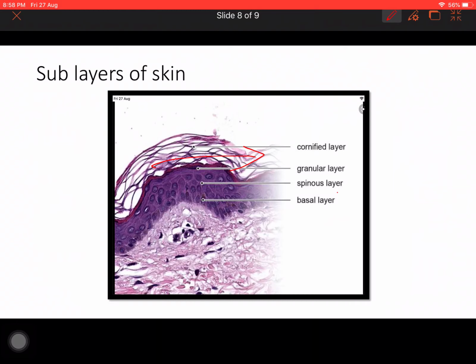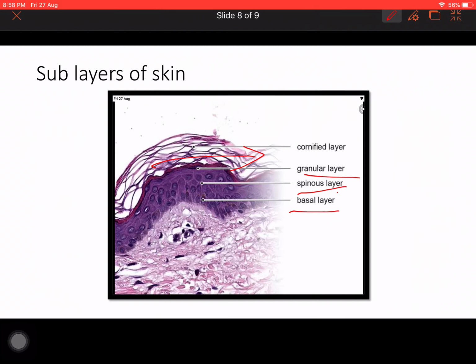Then the inner granular layer, a waterproof layer with glycolipids that slows down the water loss from the epidermis, gradually hardens up to give way to the outermost cornified layer. Next come the spinous layer and the basal layer, the last one, which is the Malpighian or germinative layer.